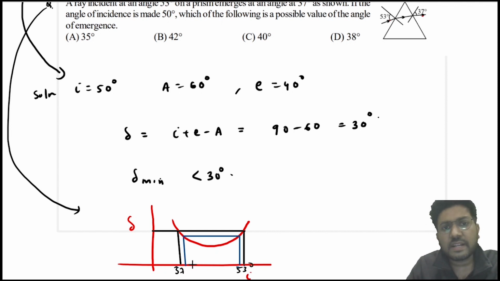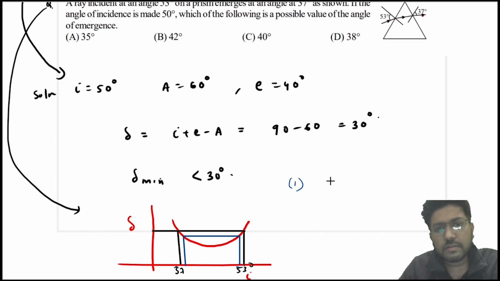So definitely the answer will be greater than 37, but greater than 37 there are three options here, right? So now we have to check which option is correct. First thing is, e will be greater than 37 degree, that is for sure. Now the second thing is, we know that the angle of deviation is i plus e minus A, right?